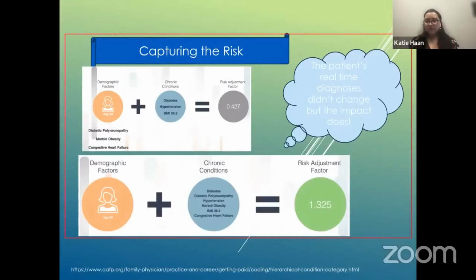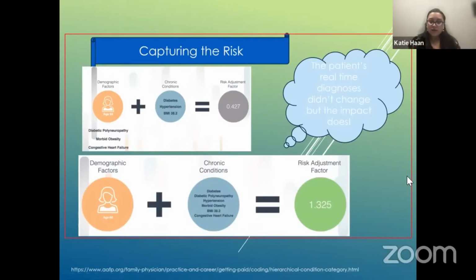So when you add all of these conditions together, maybe one of them in and of itself wouldn't be awful, but together they add up to be a higher risk score. So when we actually correctly and accurately code all of these, we get the risk adjustment factor of 1.325, which is a lot higher than that previous 0.427.